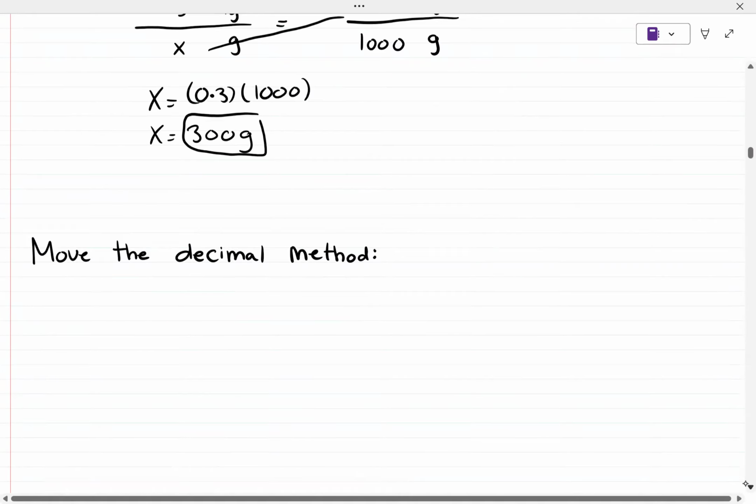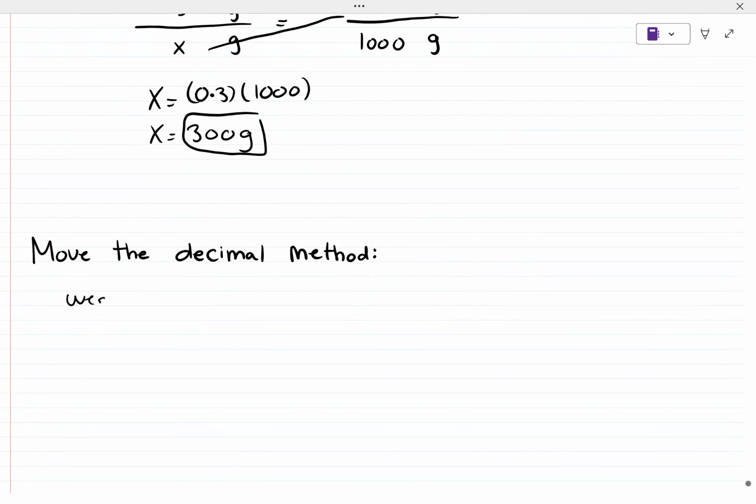Okay, what about the move the decimal method? So where are we going? We are going from a large unit to a smaller unit.